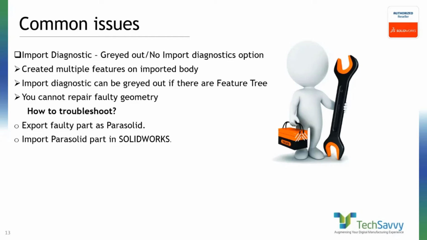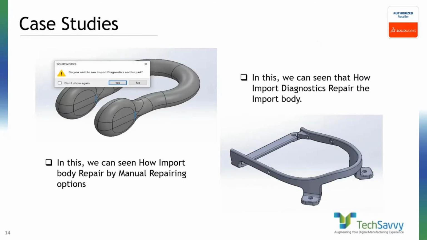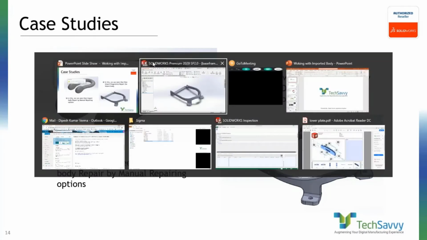In that case, you should first try to find out whether any additional data has been created. If yes, it is obvious that the import diagnosis tab is greyed out, because import diagnosis only works on imported data. Okay, so let's quickly move to some case studies. I just open some case studies.